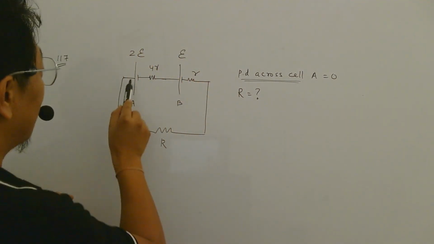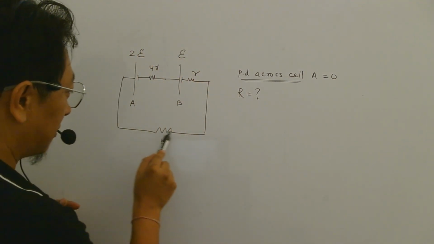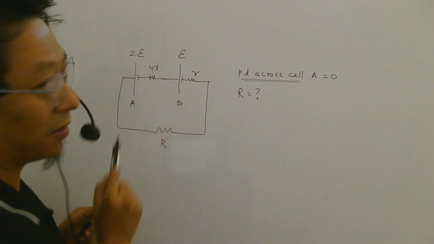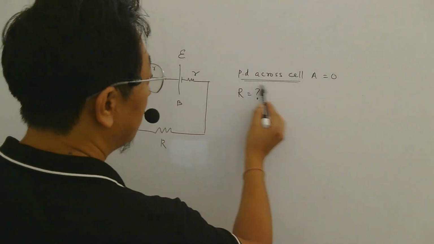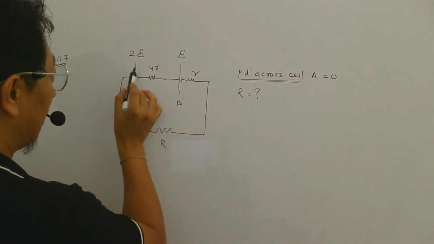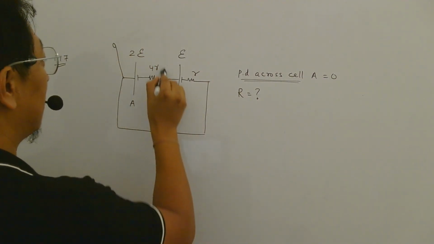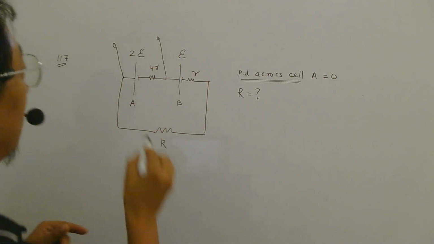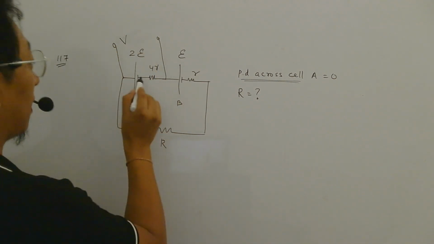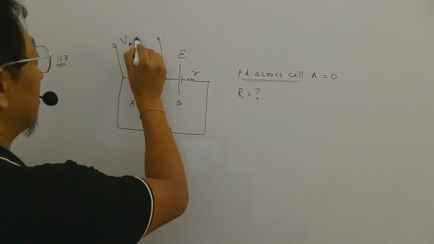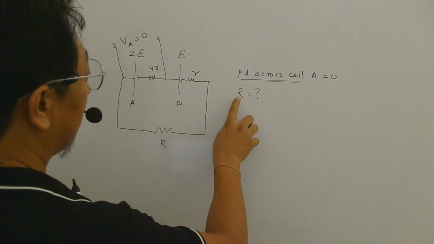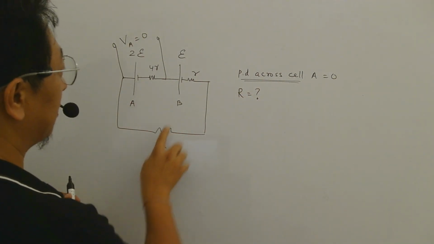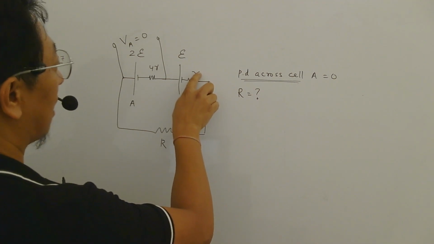That battery is now connected to an external resistance capital R. Now the important thing they told is the potential difference across cell A, meaning the terminal voltage across this cell, is 0. So if this is given, we have to find this external resistance in terms of internal resistance R.